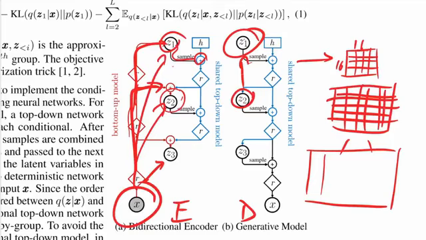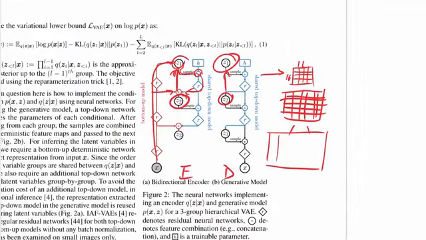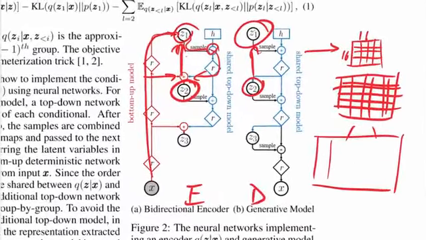You sample and do the same thing as you would do on the right. In fact, these models are shared. Then you can see that Z2 now depends on Z1 in this procedure. Z3 in turn would depend on Z2 and Z1, and you have a properly hierarchically factorized model right here. So this is called a hierarchical VAE.